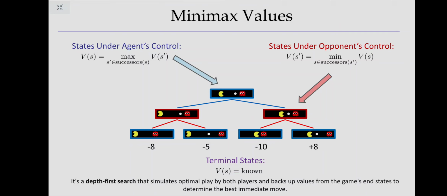In the blue function, the max player calls maximization over the value of the child, and for the min player, we call the min operator over the successors of the current state.